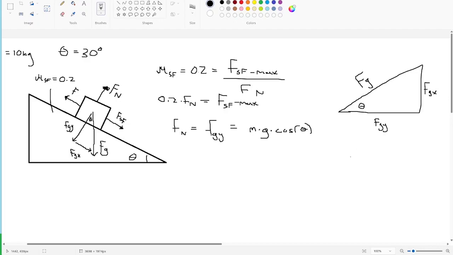So from this we can derive that this is the opposite side, this is the adjacent side, and FG times sine of theta is going to give you the length of the opposite side, which is FGX. And FG times cosine of theta is going to give you the length of the adjacent side, which is FGY. And that is how I was able to derive this. This is FG, this is cosine of theta, FG cosine of theta, FGY.